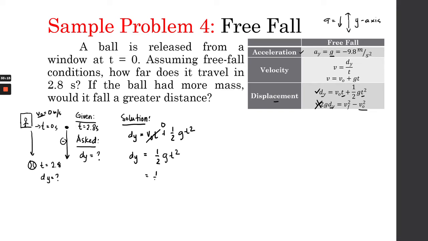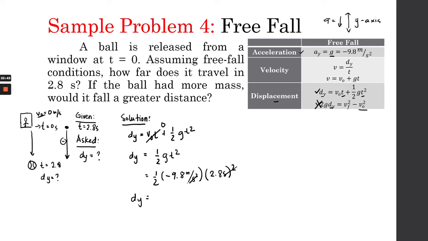The only acceleration we have here is acceleration due to gravity, which is negative 9.8 meters per second squared, times the time, 2.8 seconds, squared. As you can see, the seconds squared cancel, and we're left with meters, which is what we want since we're looking for displacement.